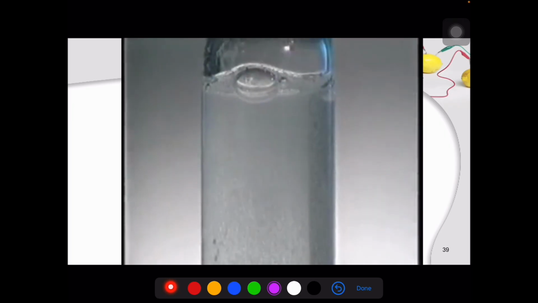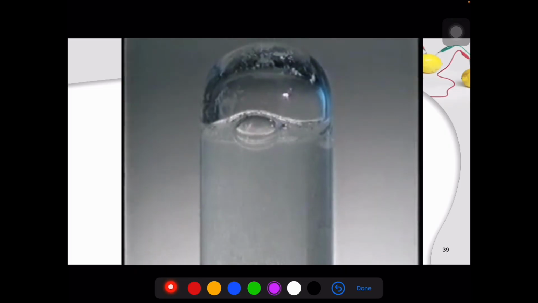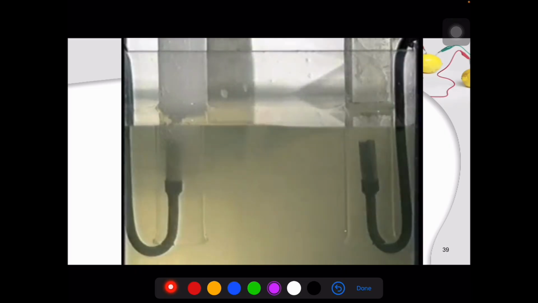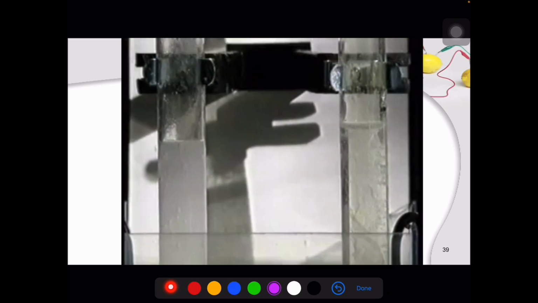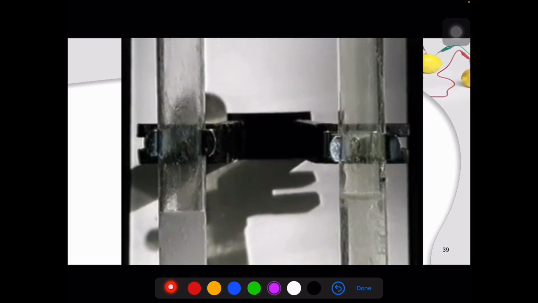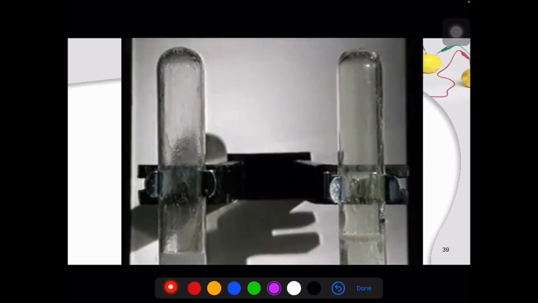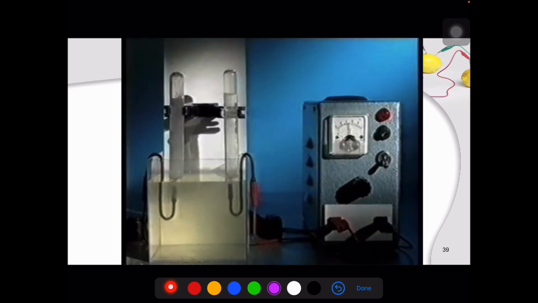To collect the gases, a test tube full of sodium chloride solution is placed over each electrode. Gas displaces the solution and collects in the top of the tube. So, what are the gases? Both are either very pale or colourless, but they can be identified by simple tests.